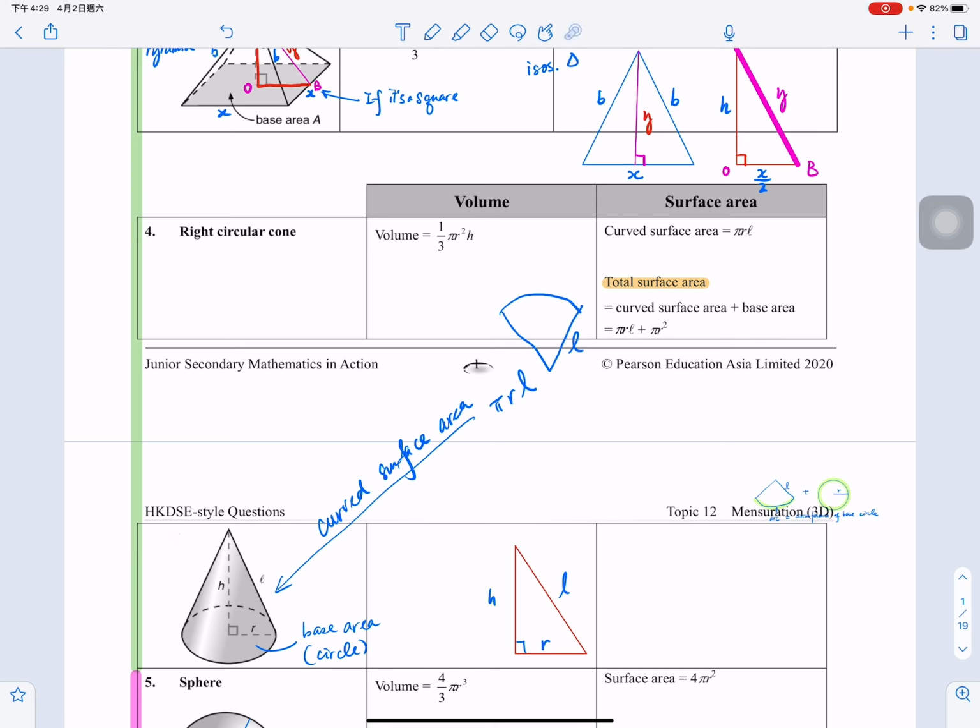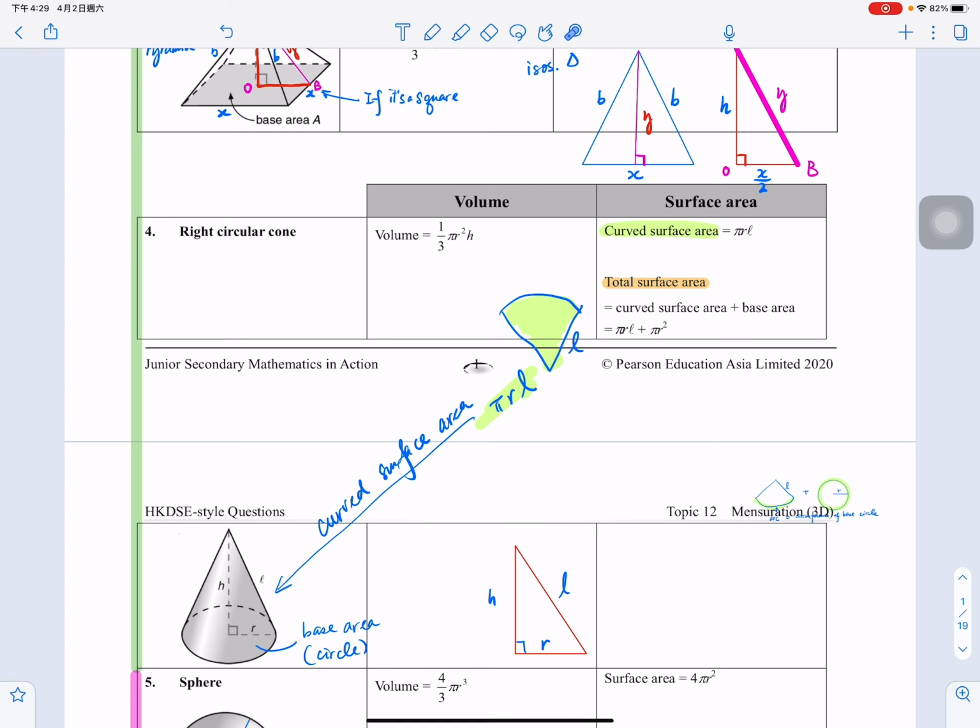So pi r l can help you find the curved surface area. After you know this, just add the base area, that means a circle. So pi r l plus pi r squared.